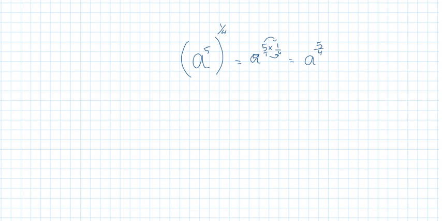Okay. Now, let's look at if I have a to the power of 5, to the power of 1/4. How can I write the 1/4 as a radical? So as a radical, what do I put here? 4, because that's your denominator, yeah?